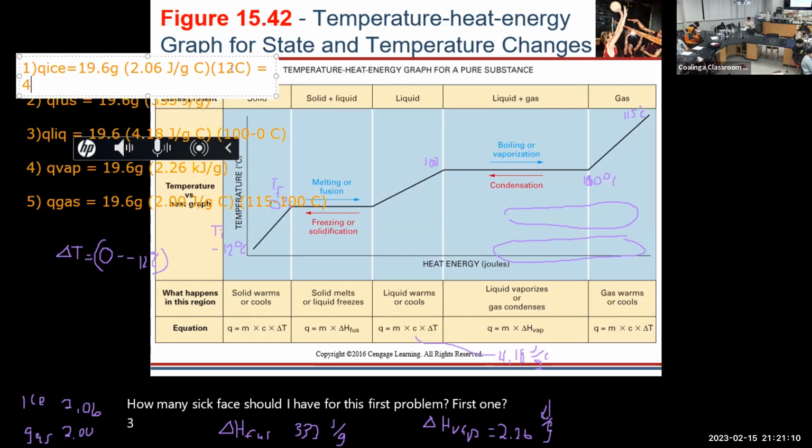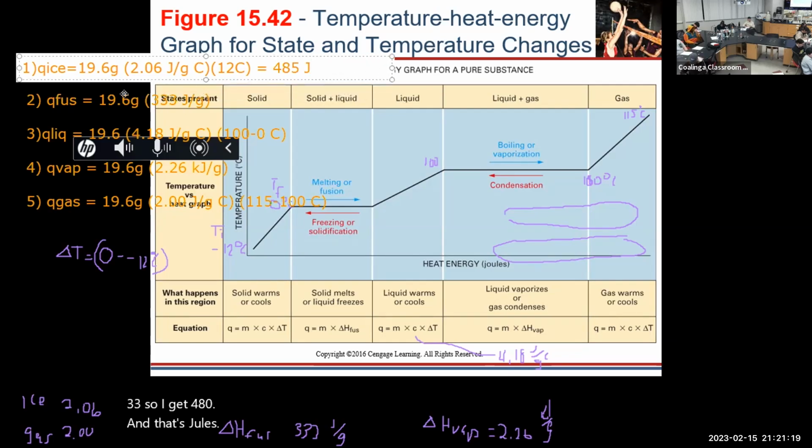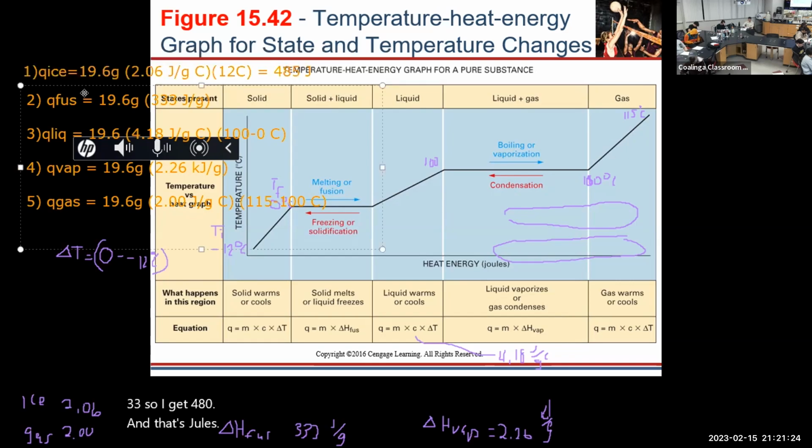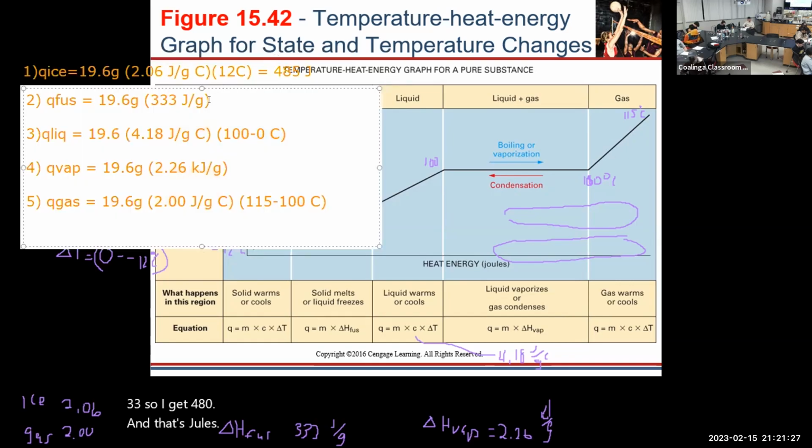So we get 480 joules. And then next, my Q fuse. How many sig figs? 3.